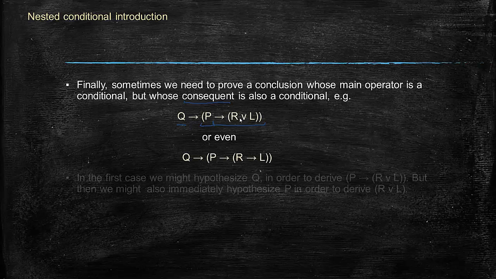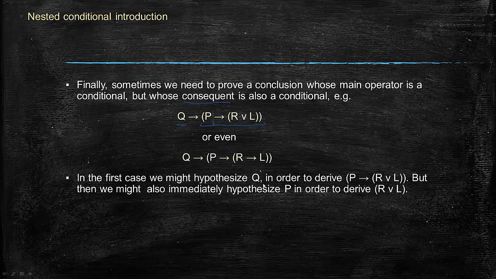So in the first case, we might hypothesize Q in order to derive if P then R or L, but then we might also immediately hypothesize P in order to derive R or L.